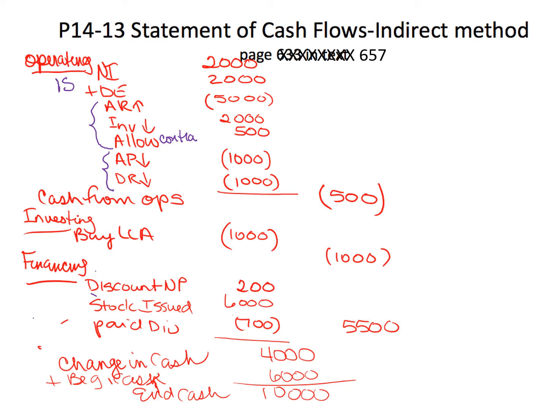We issued stock. We paid dividends. So our cash from financing is 5,500. And netting all of these, we find our change in cash of 4,000, which was the change in the cash account. Add that to the beginning cash, and you end up with the ending cash of 10,000.